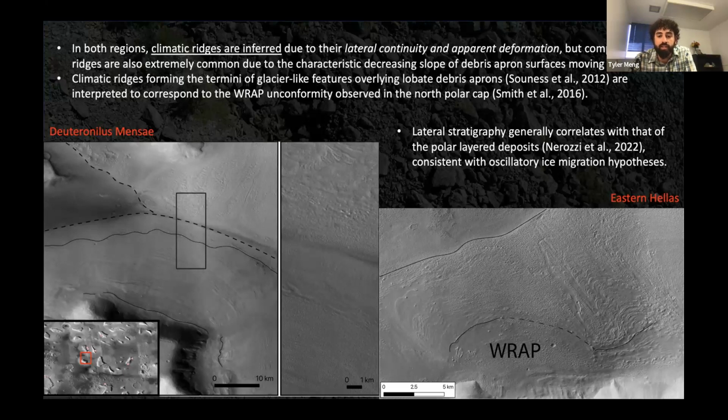But we can start to map out some of the main unconformities between some of the main glacial periods that have been proposed for Mars, especially as it relates to the stratigraphy of the North Polar layered deposit, where we essentially have a large ice cap on top of a more lithic rich basal unit overlain by a more recent accumulation package.